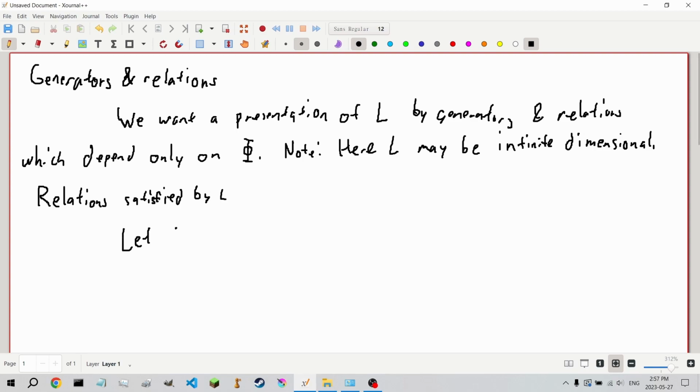So we're going to let L be a semi-simple Lie algebra with a Cartan subalgebra H, which gives us a root system of L on H, and a base of that root system as always.